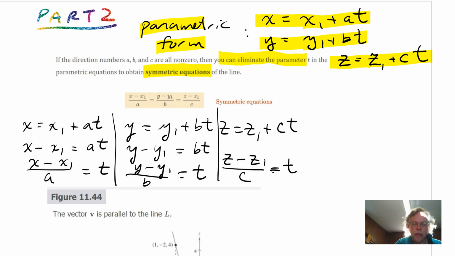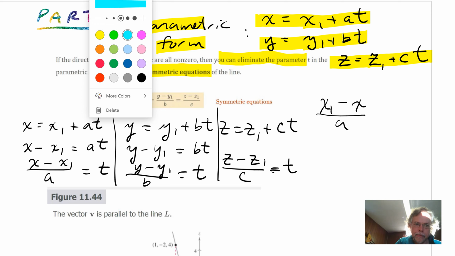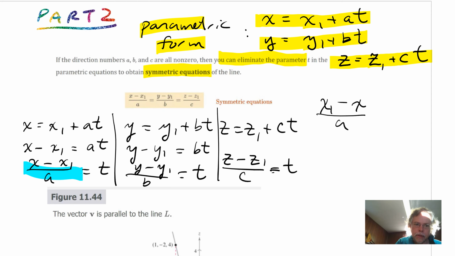So x minus x1 over a is equal to t. But t is equal to y minus y1 over b.